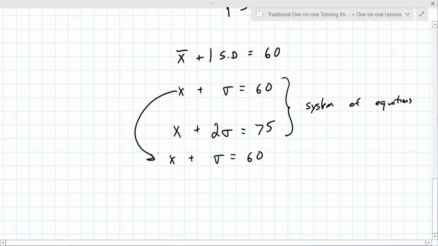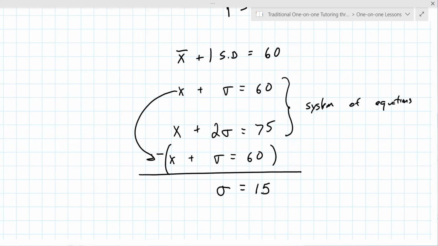If you subtract the second equation from the first, you have x minus x, that's 0. 2 sigma minus sigma, that's sigma. 75 minus 60, that's 15. Oh wow, that makes so much more sense.